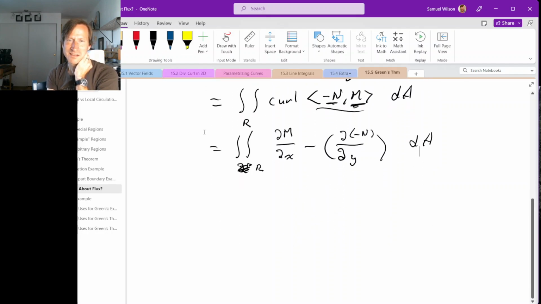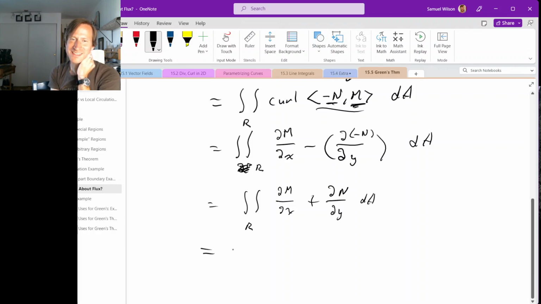Okay, so simplifying things just a little bit, this is the double integral over R of partial M partial x minus minus, so plus partial N partial y dA.